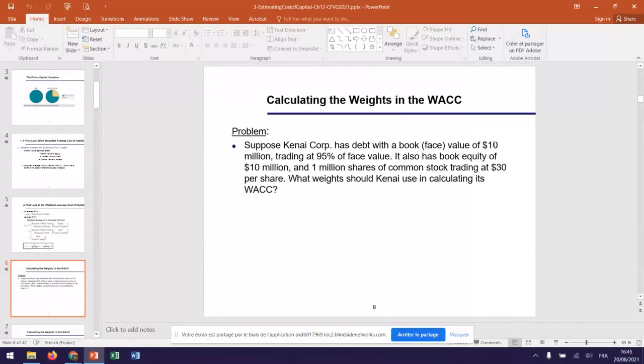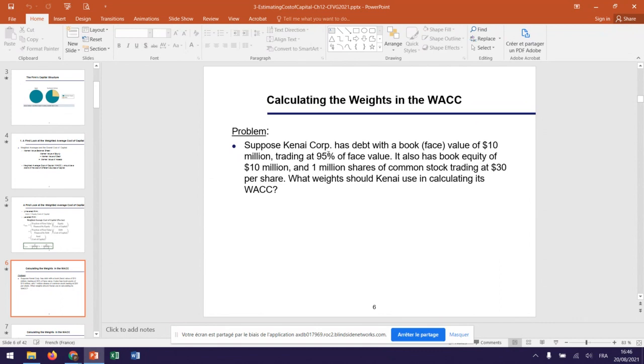So you can use the gearing ratio based on the book value. In that case, you can use 10 million. But if you want to know the market value, since the bond is traded at 95% of the face value, it means that if the face value indicated on the bond is $1,000, the value you can sell and buy today is only 950. So therefore, the market value of debt is 95 here.